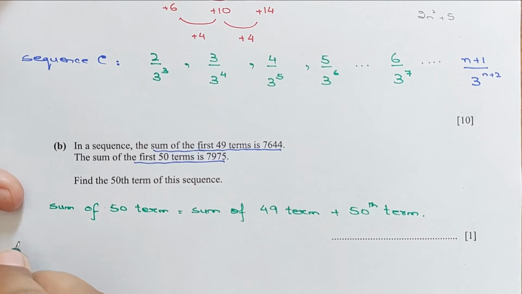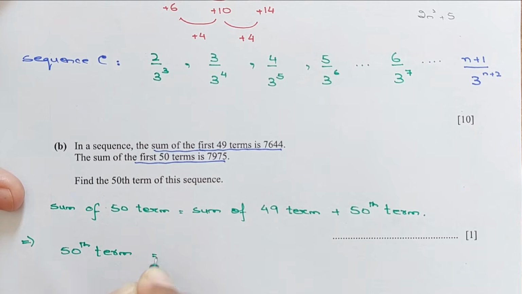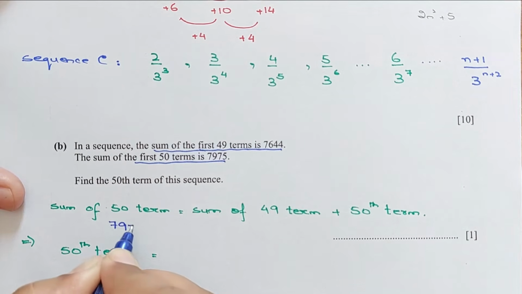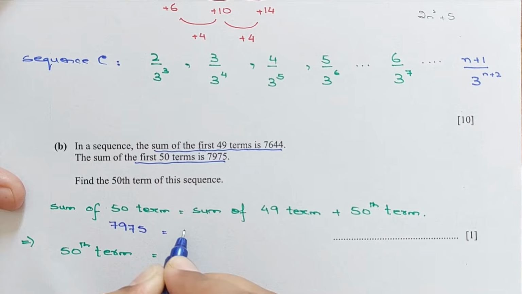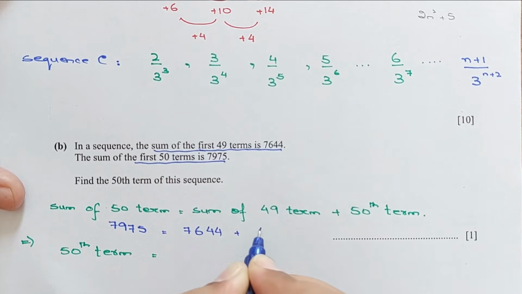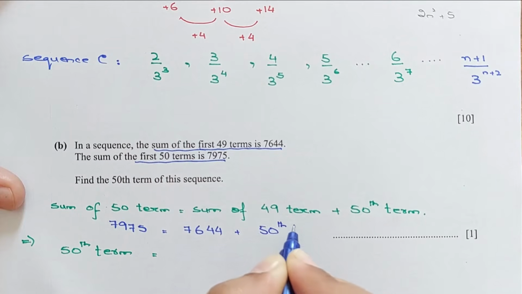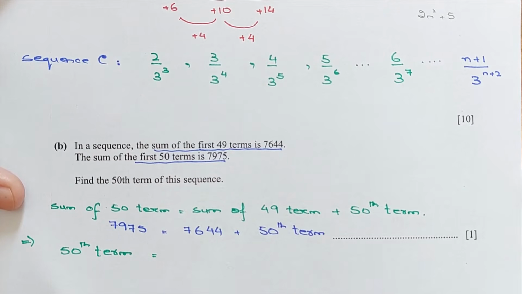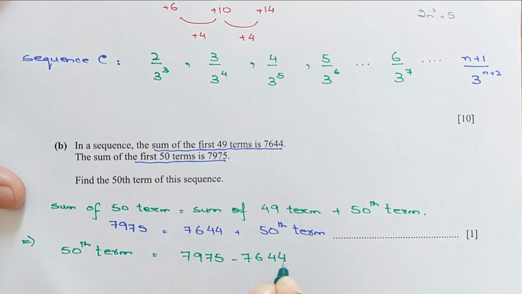So the sum of 50 terms is 7975, and the sum of 49 terms is 7644, plus the 50th term. We can subtract both of them, so 7975 minus 7644 would be the 50th term.